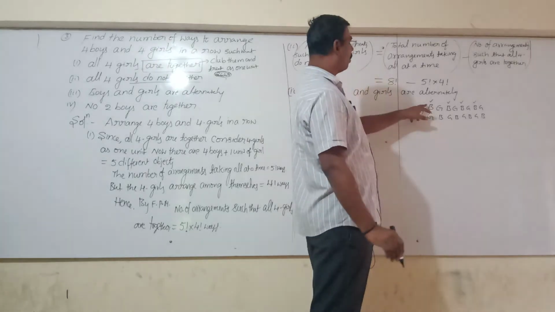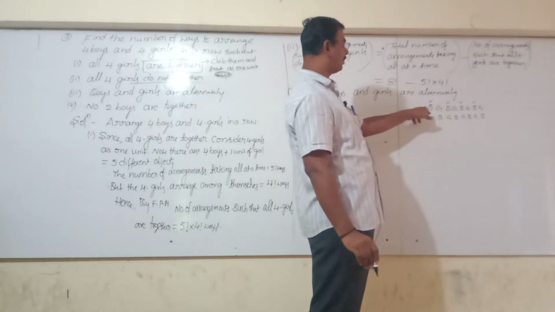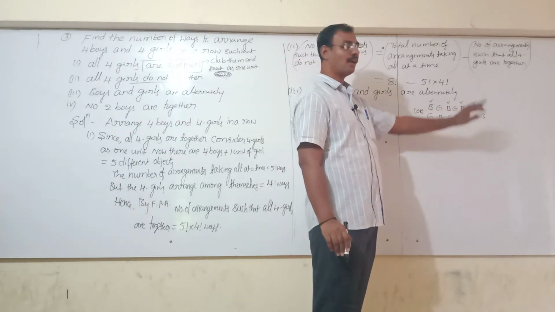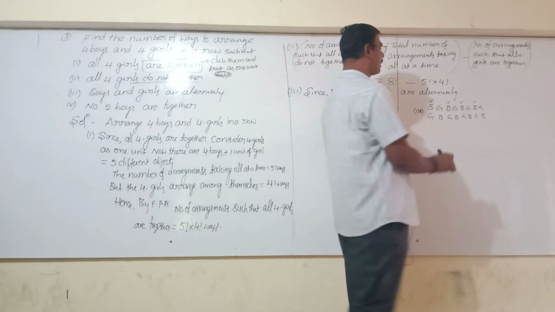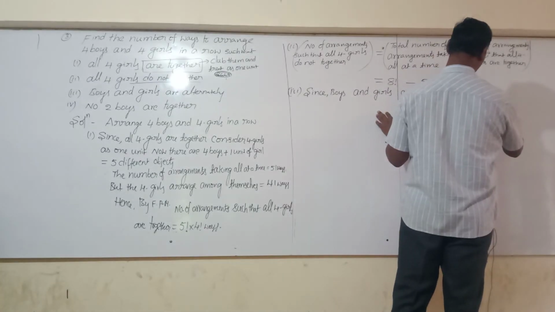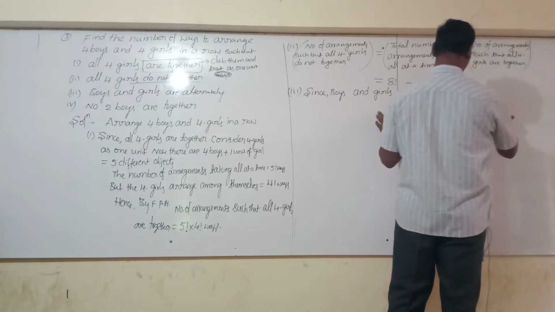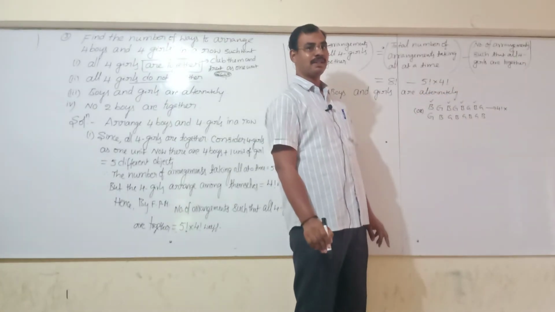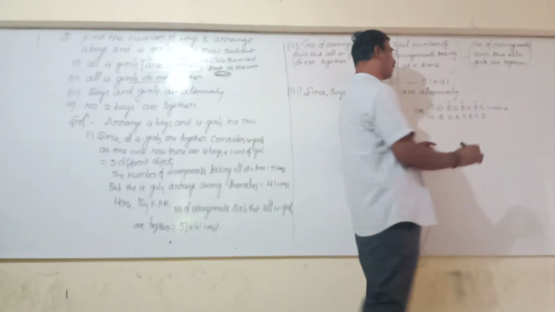So how many ways? The 4 boys in 4 positions, how many ways could I fill? This can be arranged in 4 factorial ways, and 4 girls in 4 even places in 4 factorial ways.